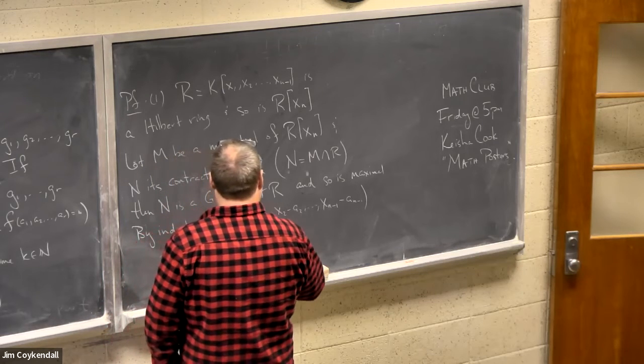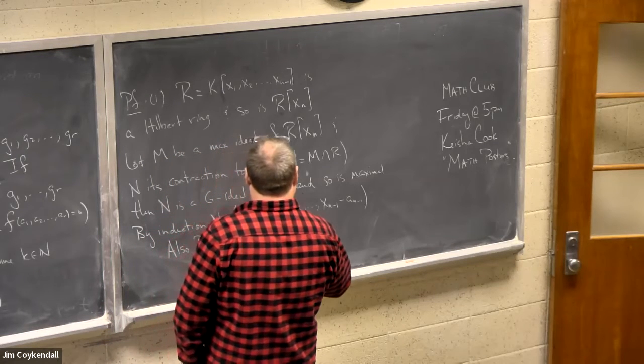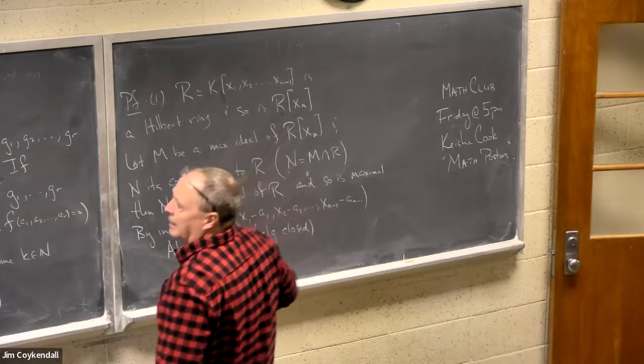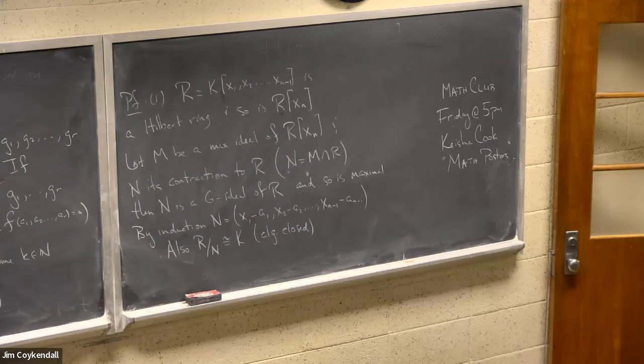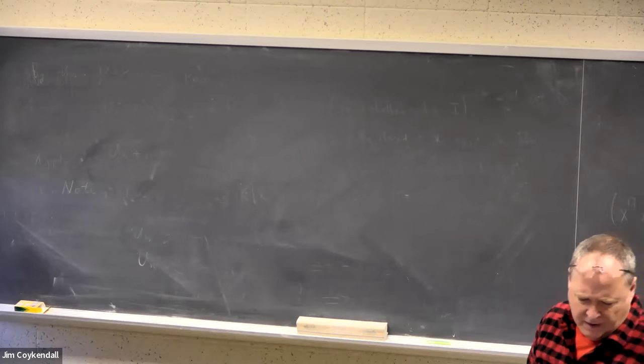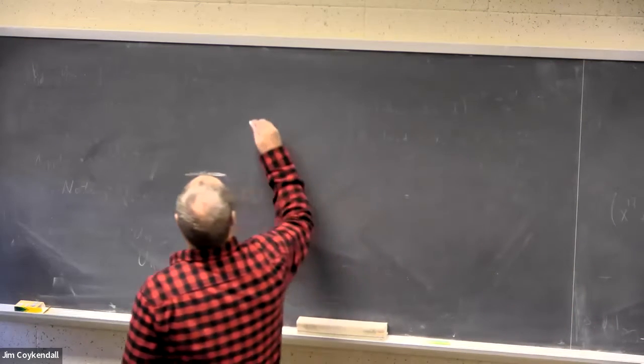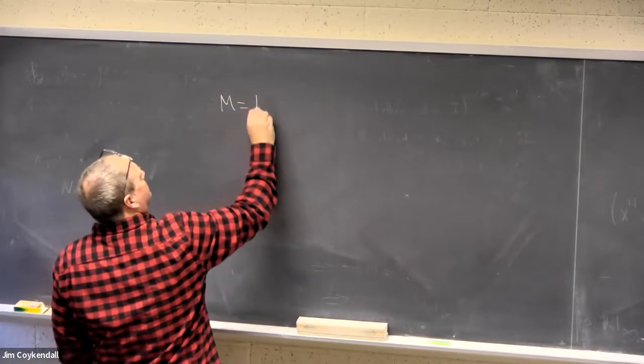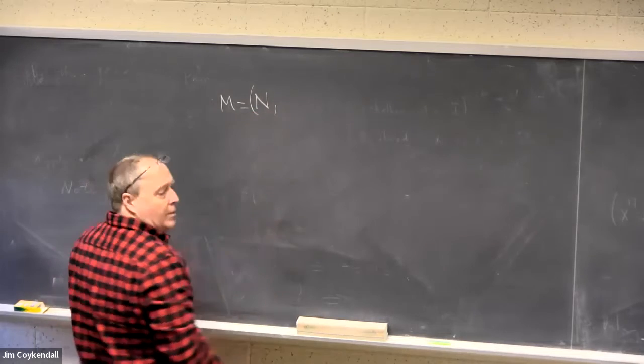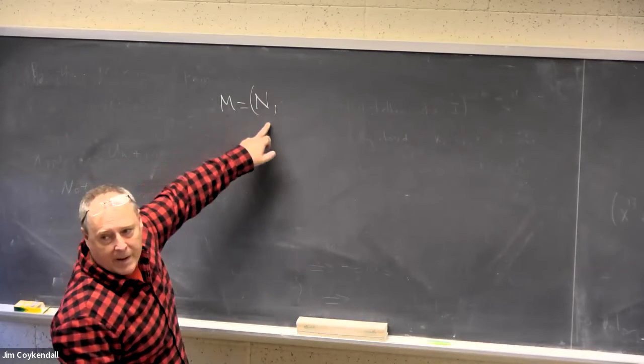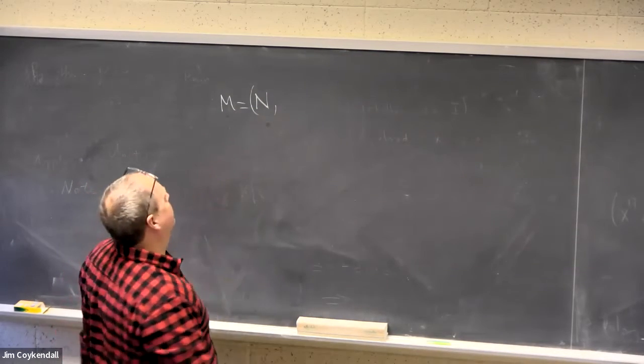Which is algebraically closed. And so, since the quotient is algebraically closed, M, remember this one, M is generated by N and one more element.